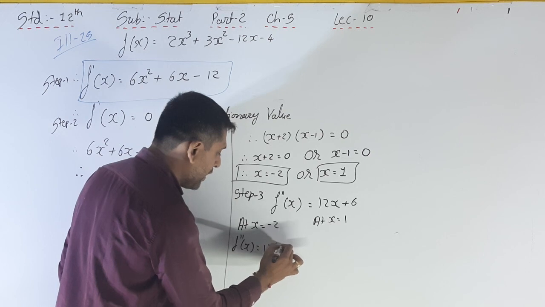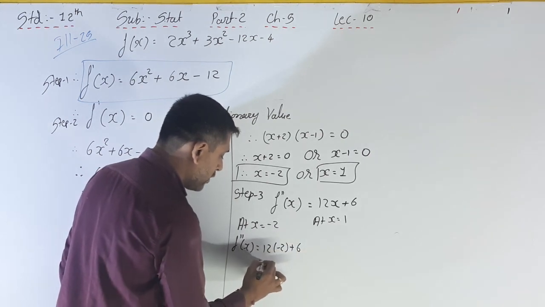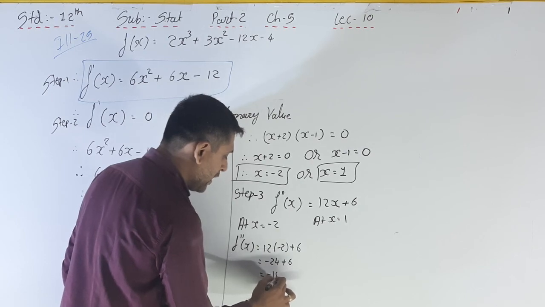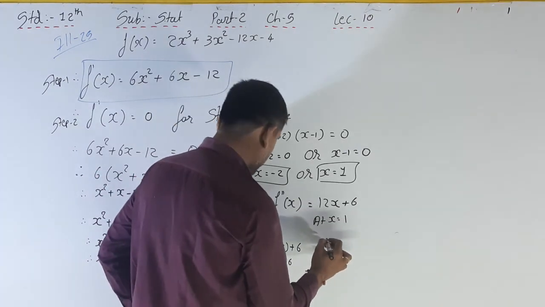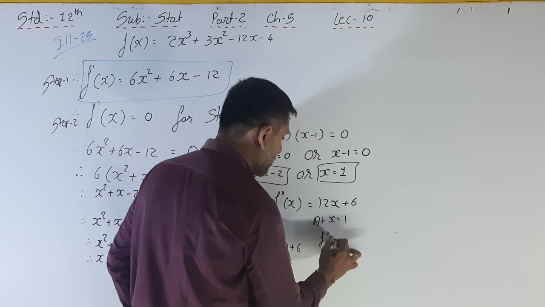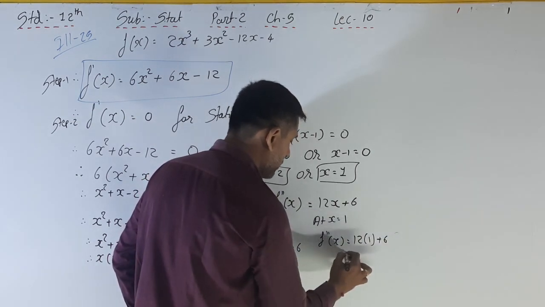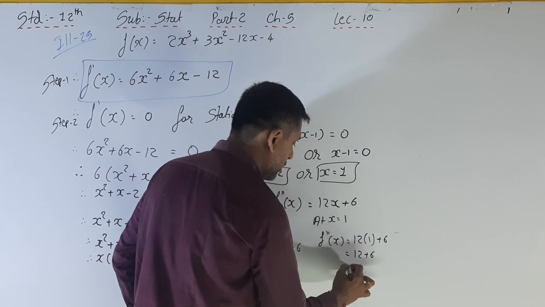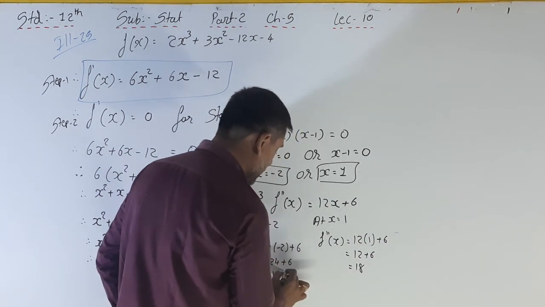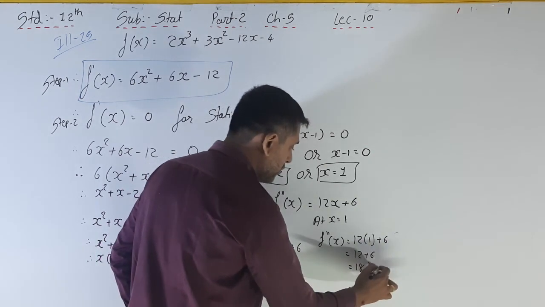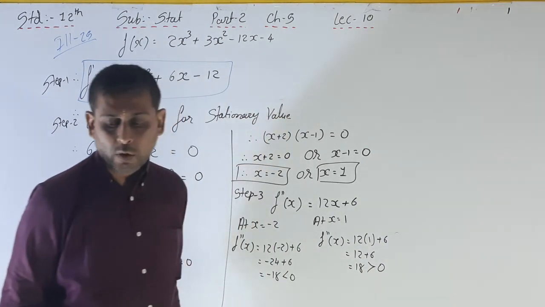See, 12 into -2 plus 6, that is -24 plus 6, that is -18. Here f double dash x is equal to 12 into 1 plus 6, that is 12 plus 6, that is +18. It is less than 0 and it is greater than 0, right?